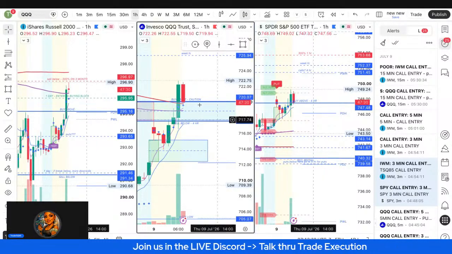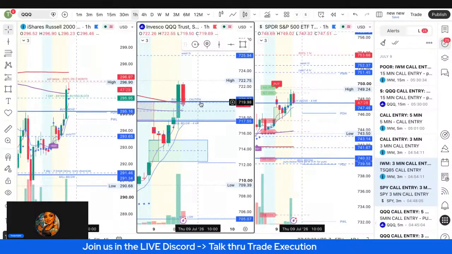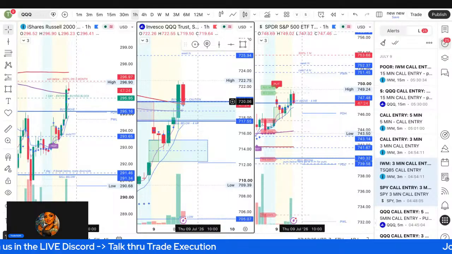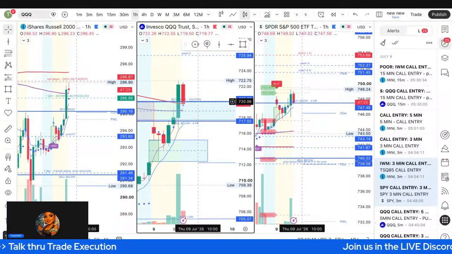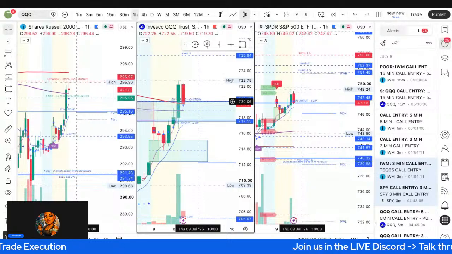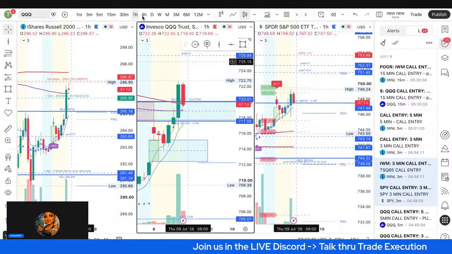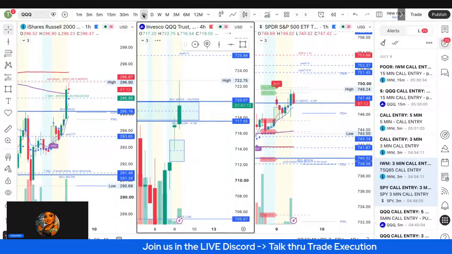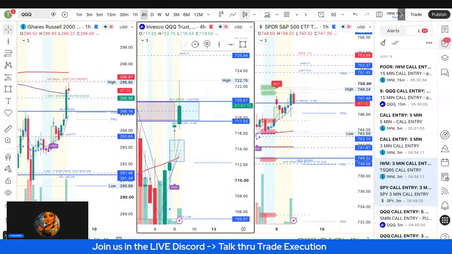Let's see if we get a little bit more of a bounce here. I'm gonna try some puts, you guys, on QQQ.